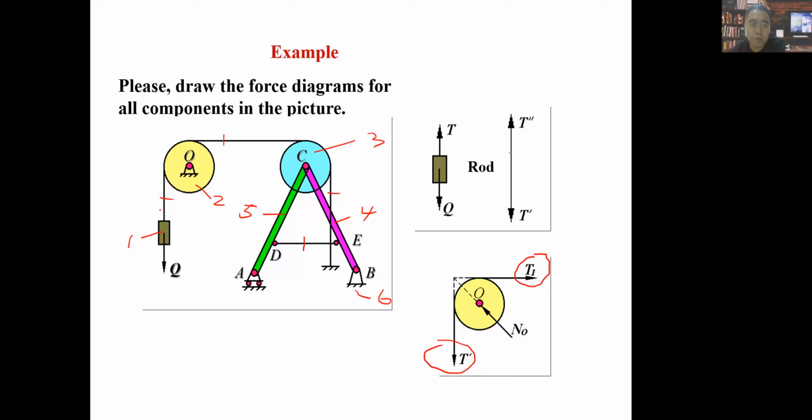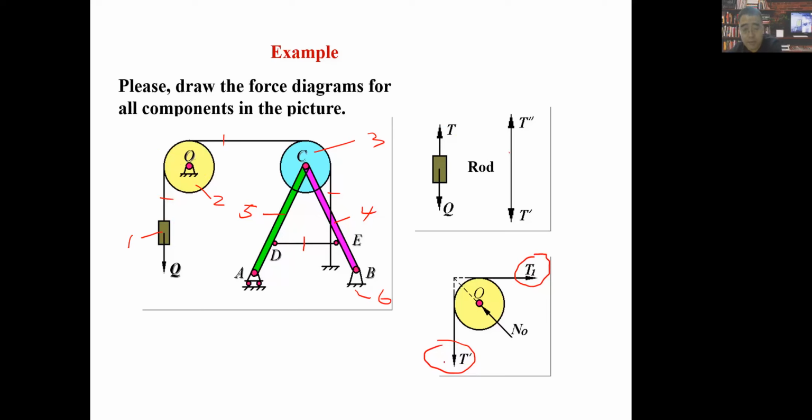Through this rope, this body pulls this pulley, this trolley wheel, along the downward direction. And from the reaction point of view, this trolley wheel will, through this rope, pull this body along the opposite direction, right? So we have this.